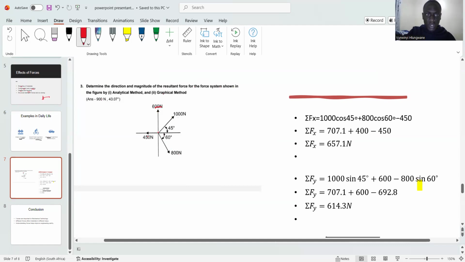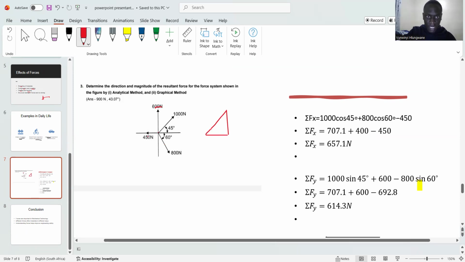Then this one is not on our axis. It has an angle between the axis and the force. The angle is 60, and for this one the angle is 40. So we are going to find the components of the forces.